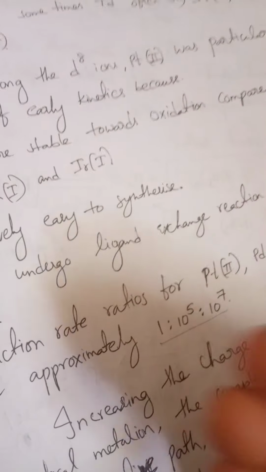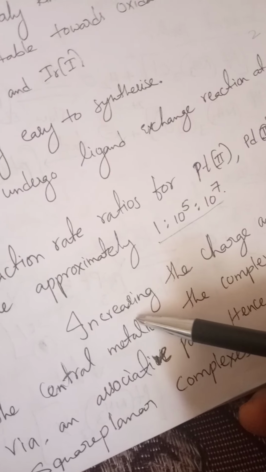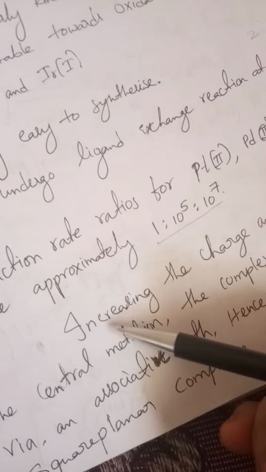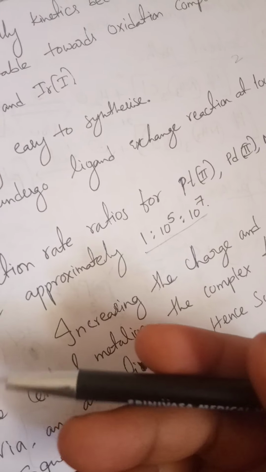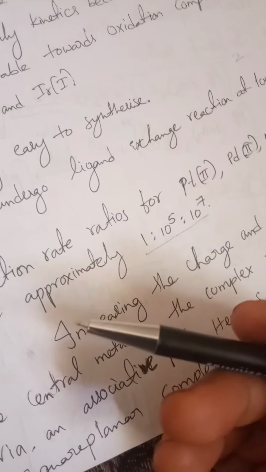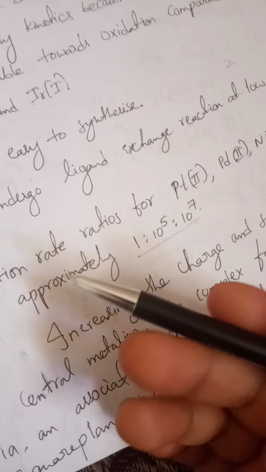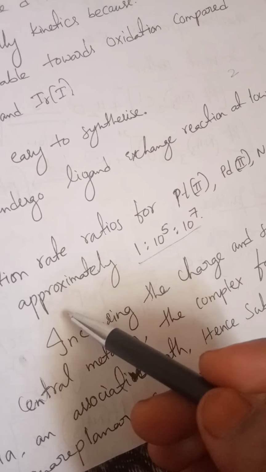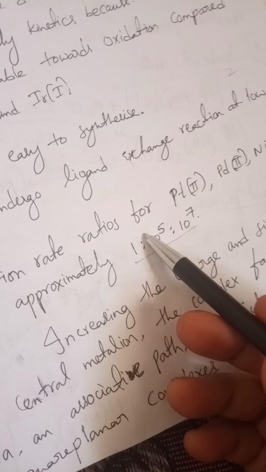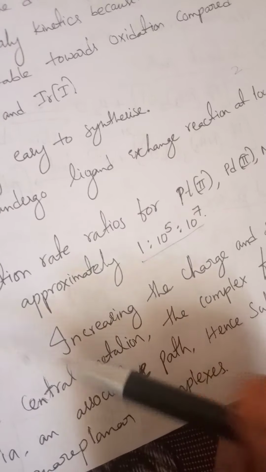When the reaction rate is low, only then can we observe the mechanism: what bond breaking takes place, what the intermediate is, what the reaction rate is, and what the ligand effect is, whether the incoming ligand or the outgoing ligand affects the rate of the complex. In each and every case the reaction rate is very low.